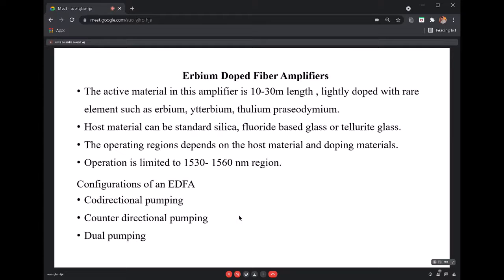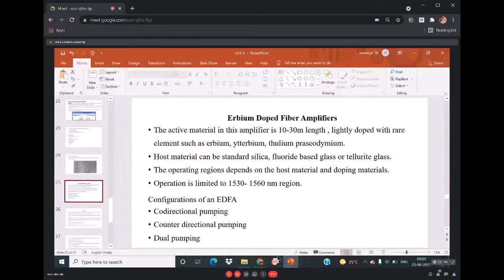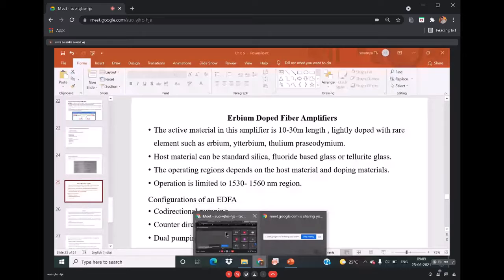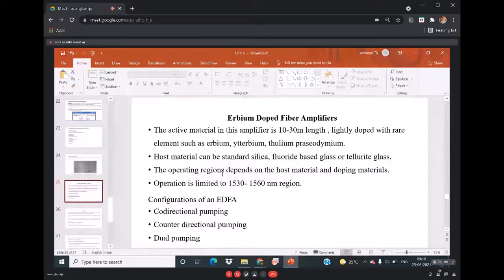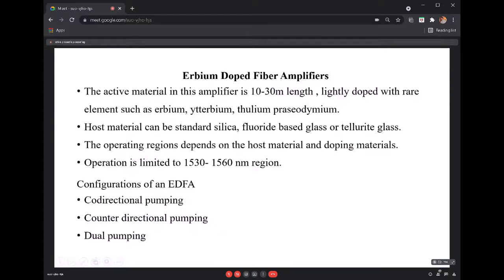Or you might use two times. For example, in the first one, the co-directional pumping, the pump will be used before the amplifier.